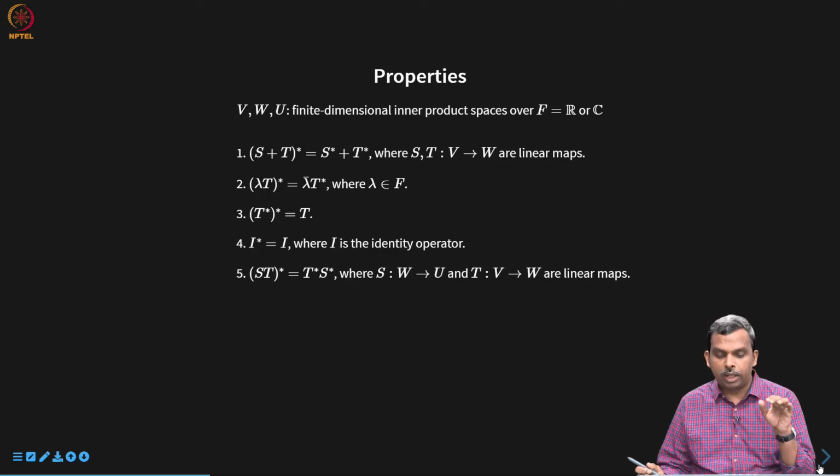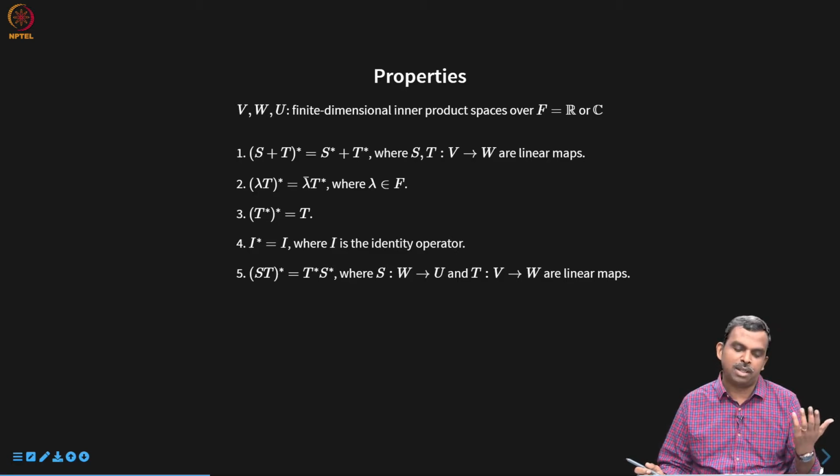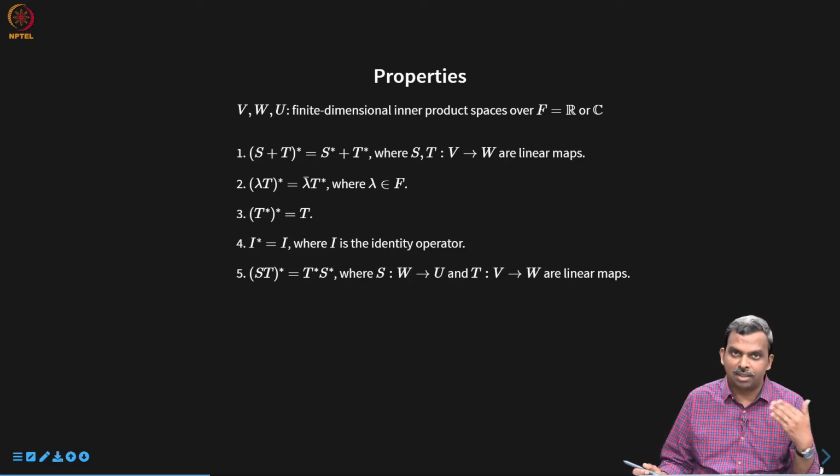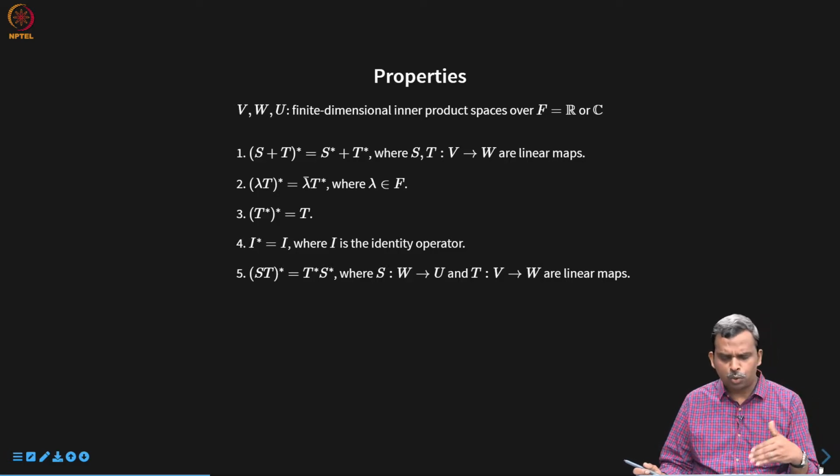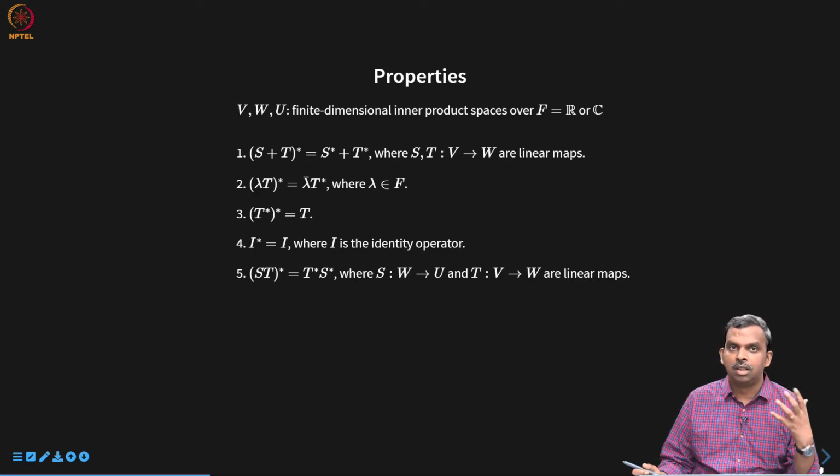To clearly explain these properties, we'll look at three different finite-dimensional inner product spaces. They're all over the same field, R or C, and the first property is quite easy to see why it should be true. We'll prove at least one or two of these, and I'll show you the proof. The method is very similar, and these are all intuitive given the linearity of the whole thing.